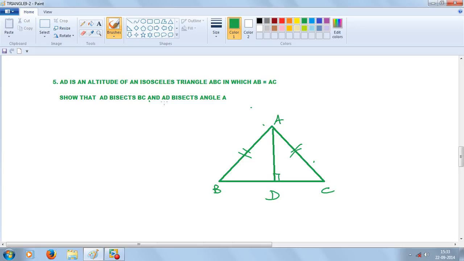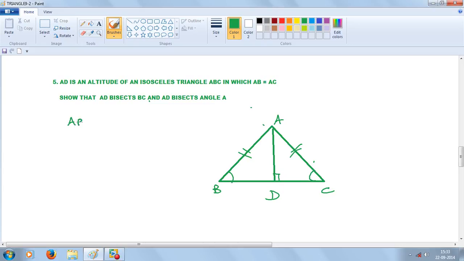Show that AD bisects BC and AD bisects angle A. AD is an altitude. It is an isosceles triangle, which means these two angles are equal.